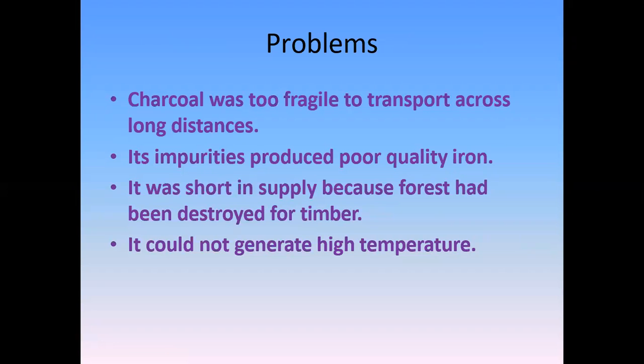Charcoal was a very fragile thing, and if you transferred it over long distances, it could get spoiled. And if charcoal was impure, then the iron we would get out of the iron ore would also be poor. It was short in supply because forests were already being destroyed for timber, and charcoal could not generate a very high temperature.